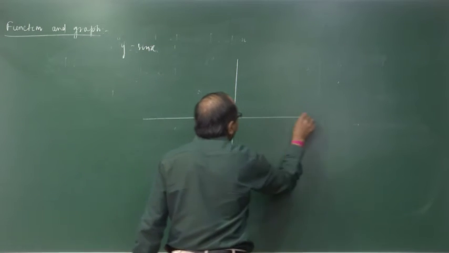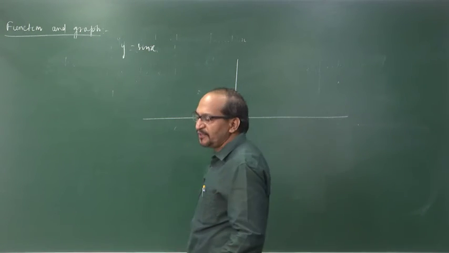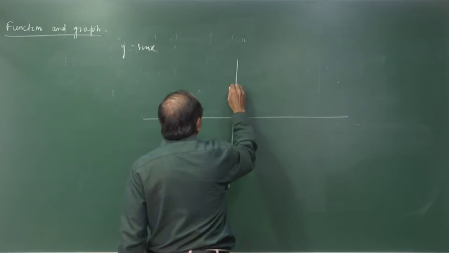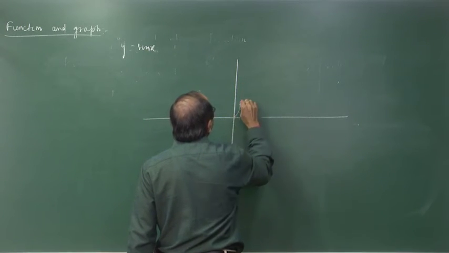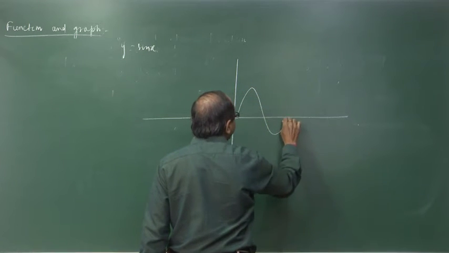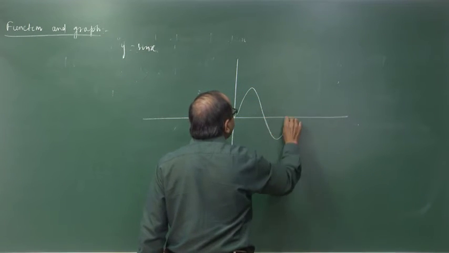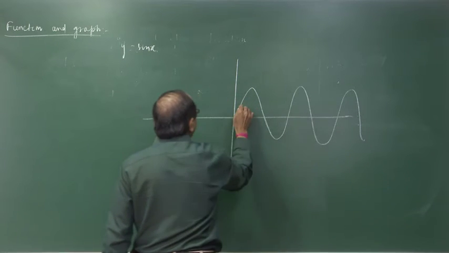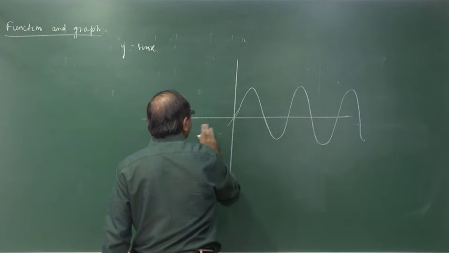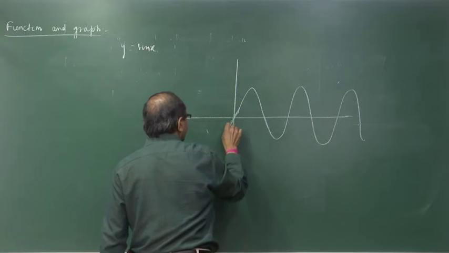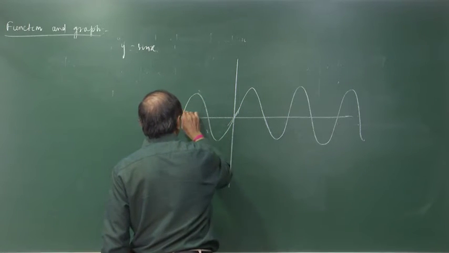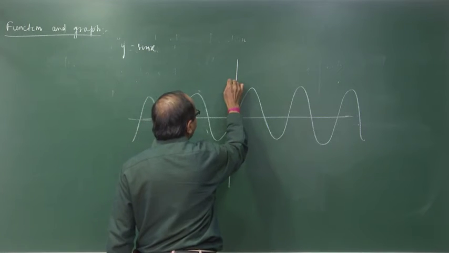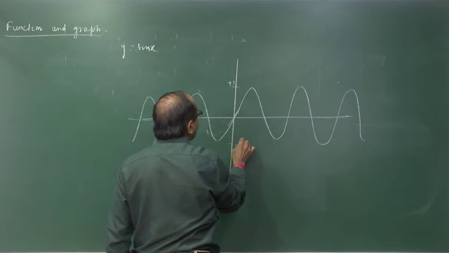The maximum value of sin x is plus 1, the minimum value is minus 1, and at x is 0, y is 0, and the graph is like this, and it is a periodic function. So on. This is plus 1, this is minus 1.